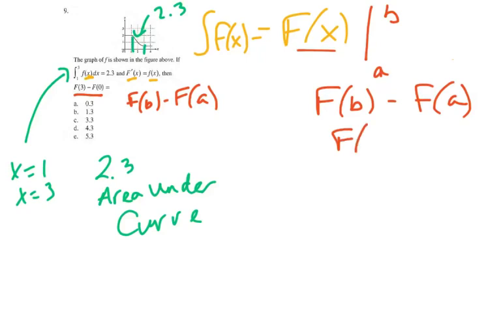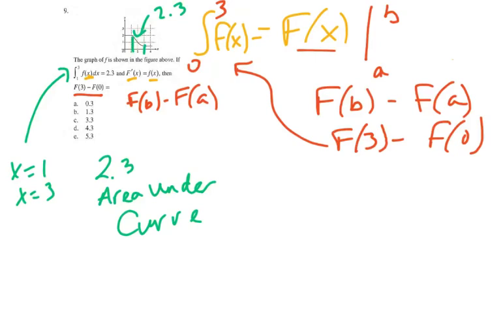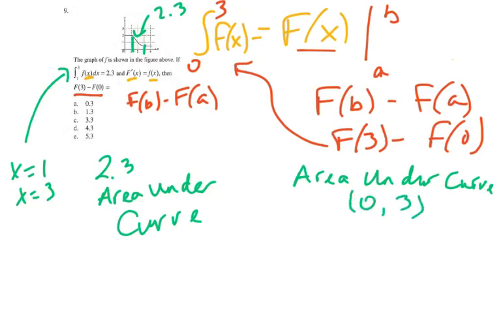So if they want us to do F of 3 minus F of 0, that means going back to the original function, I now want to look at the interval from 0 to 3. That means I want to find the area under the curve from 0 to 3, rather than from 1 to 3 like the information we were given originally.